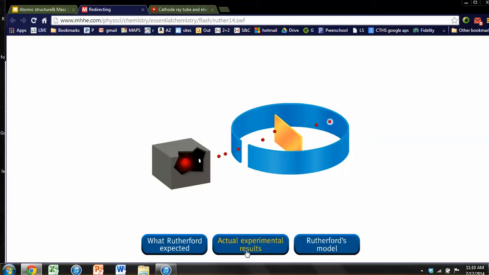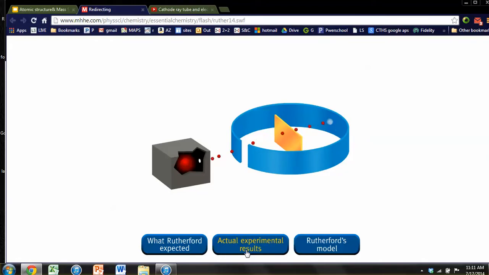This was a most surprising finding, for in Thomson's model, the positive charge of the atom was so diffuse or spread out that the positive alpha particles were expected to pass through the foil with very little deflection. Upon making this discovery, Rutherford explained, it was almost as incredible as if you fired a 15-inch shell at a piece of tissue paper and it came back and hit you.